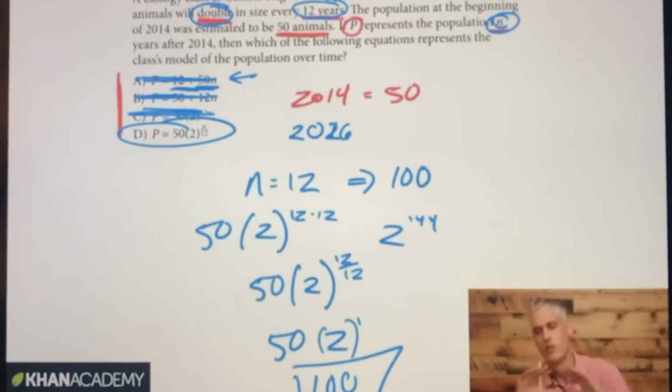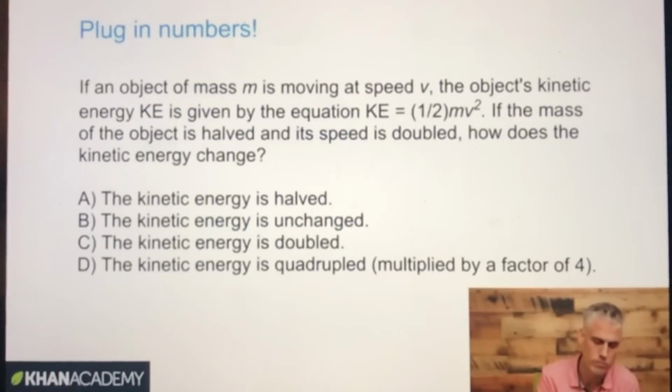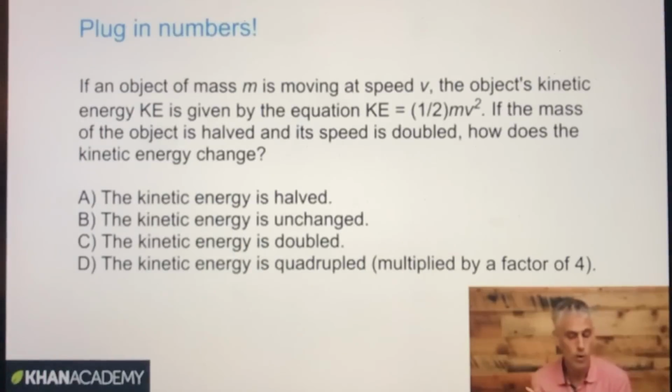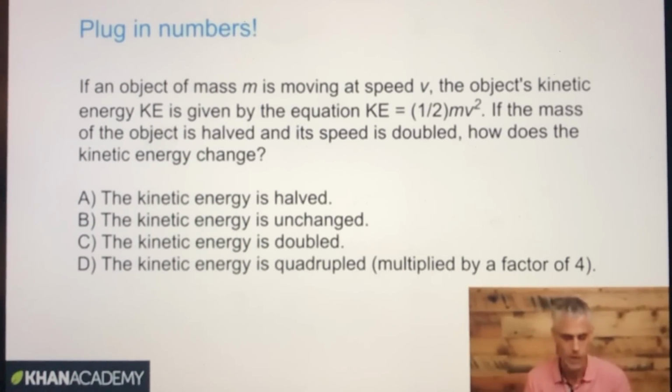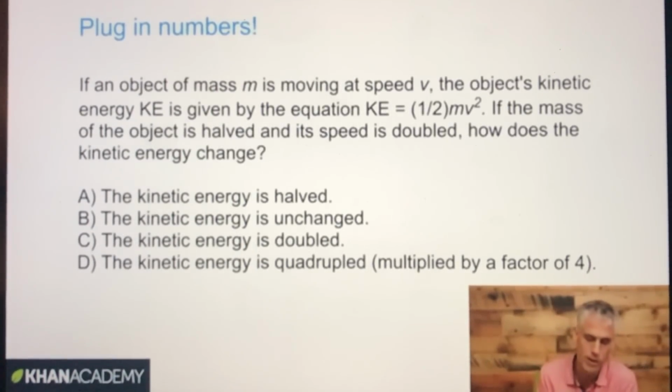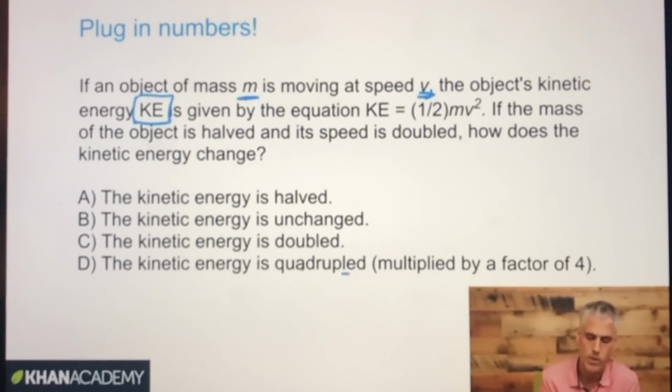Again, plugging in, really powerful strategy. Try it. Okay, one more. I can't overemphasize how helpful this strategy can be. We can plug in numbers here. If the object of mass m is moving at speed v, the object's kinetic energy KE is given by the equation here.